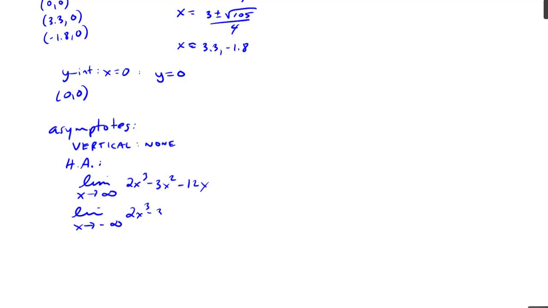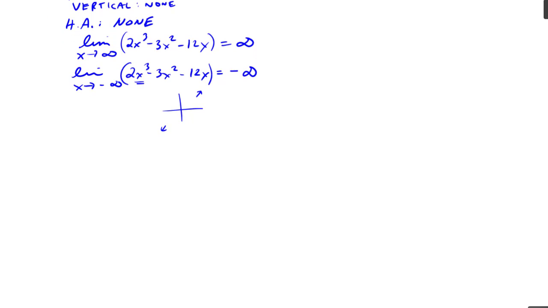As x goes to infinity, this is going to go off to infinity. This one is going to go to negative infinity because the x's in there are getting cubed, so the negatives remain negative. So there are no horizontal asymptotes, but I do know that my graph goes up this way and down this way from these limits.